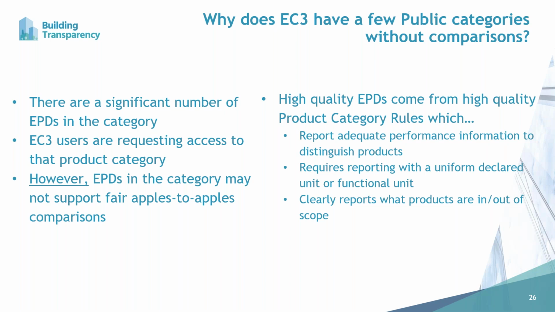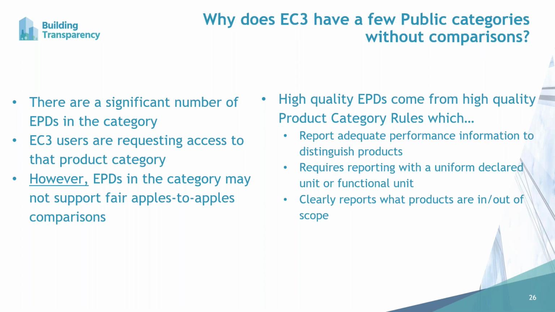That stems from the product category rules, so we would say that high quality product category rules support a single uniform declared unit or functional unit and provide adequate performance information to distinguish products.